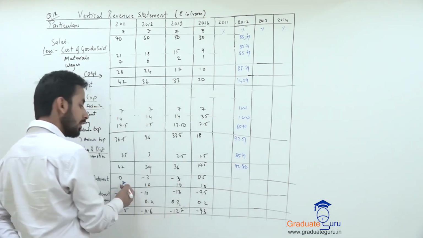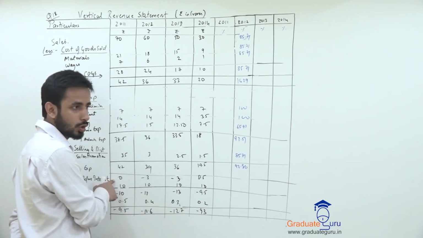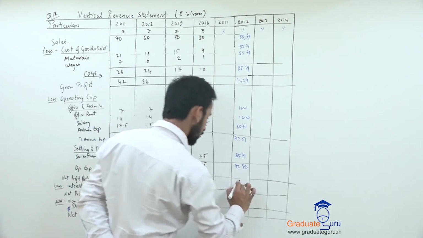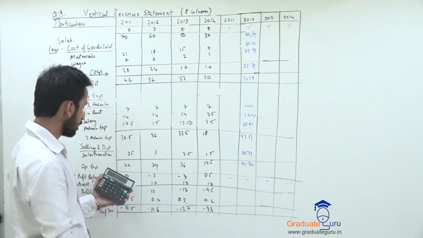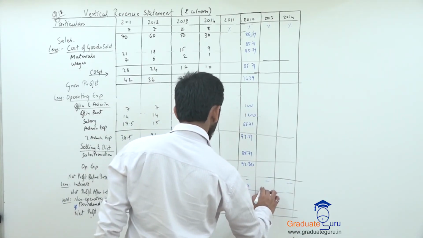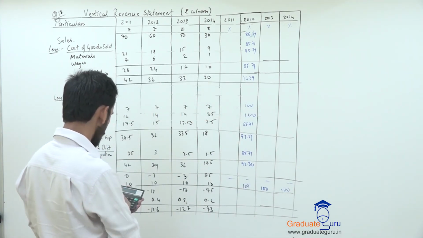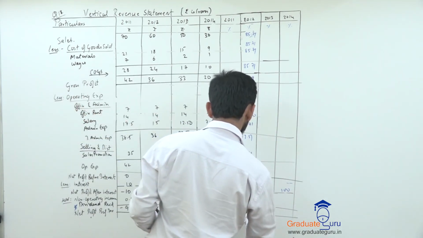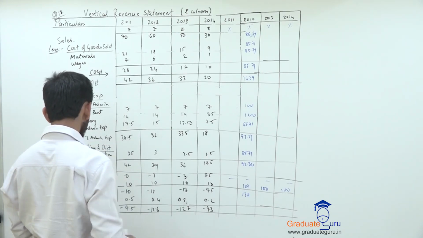Now, negative, no? This is 0. So you cannot get a percentage. Anything divided by 0 cannot be found, so you can never find it out. Are you getting it? 10, 10, 10, 10 is 100%. 13 divided by 10 as a percent is 130. 0.4 divided by 0.5 will give you 80.